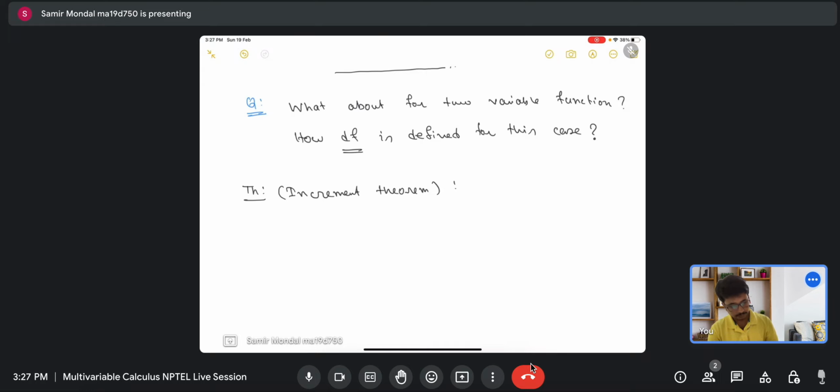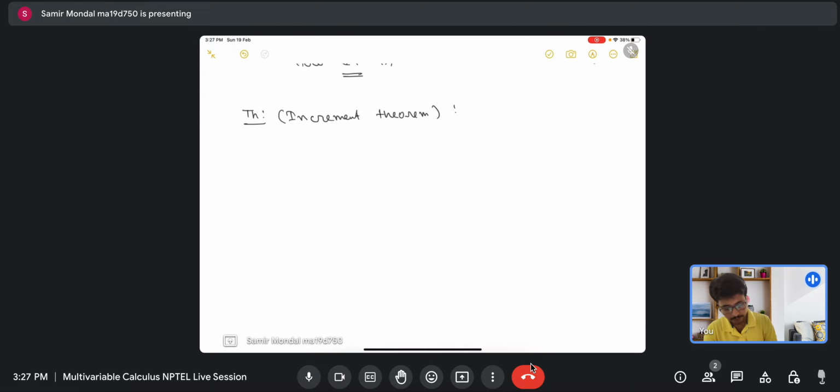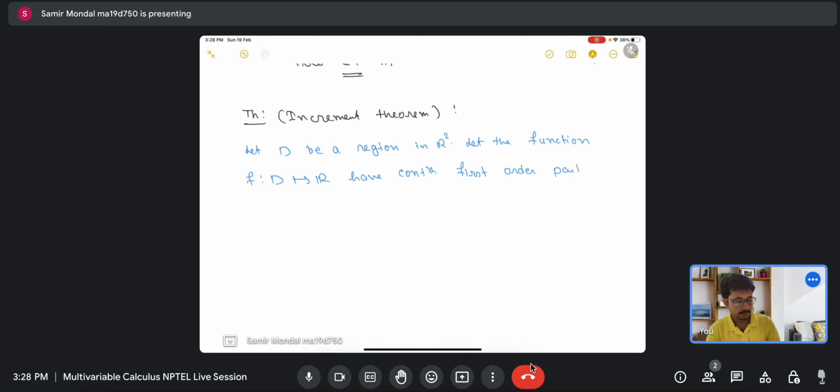So let's write this theorem. Let D be a region in R2, and let the function f, defined from D to R, have the following property: it has continuous first order partial derivatives on D. So what is the extra condition on this function?